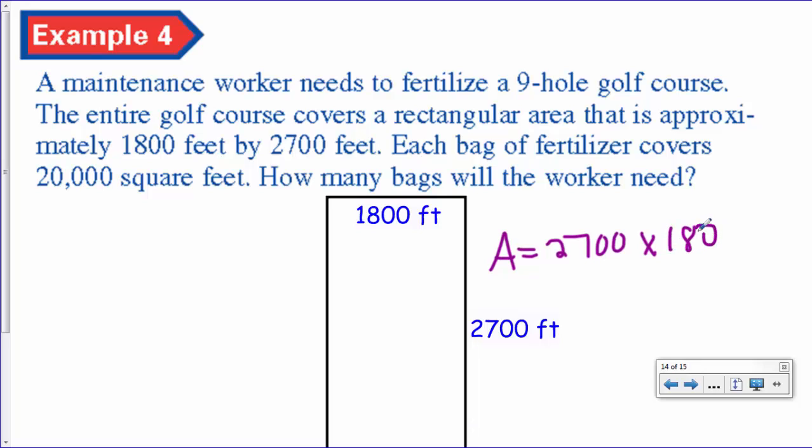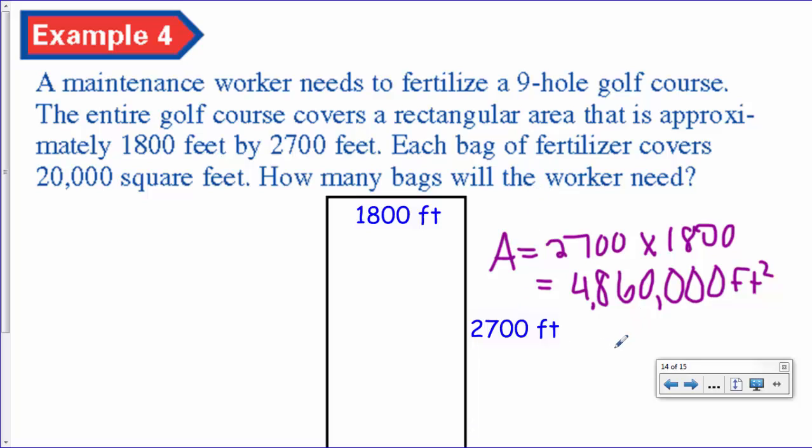Our total area equals 4,860,000 square feet.